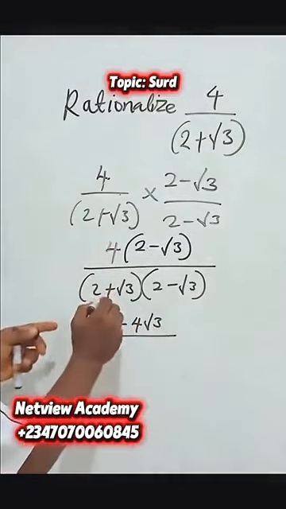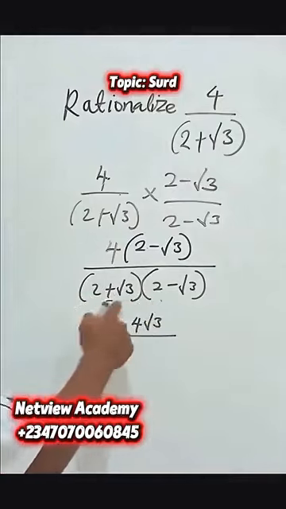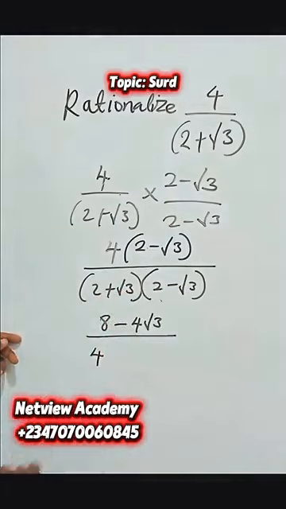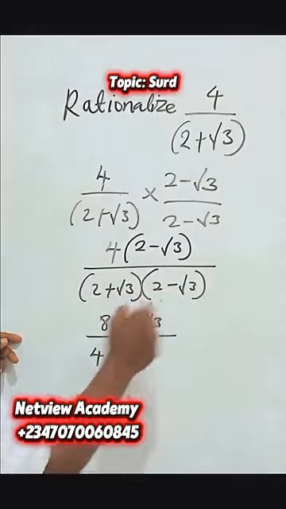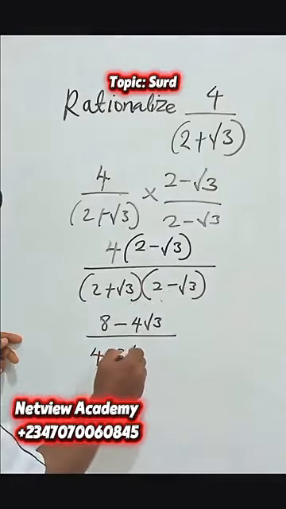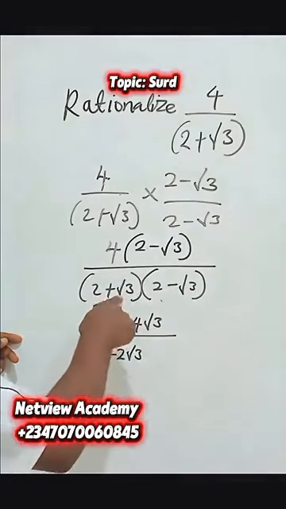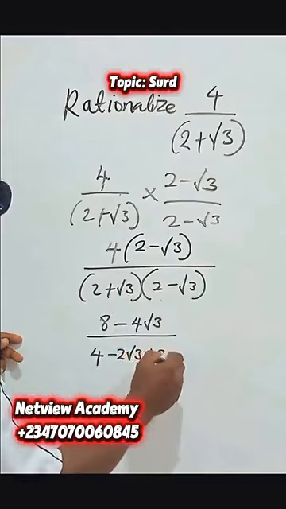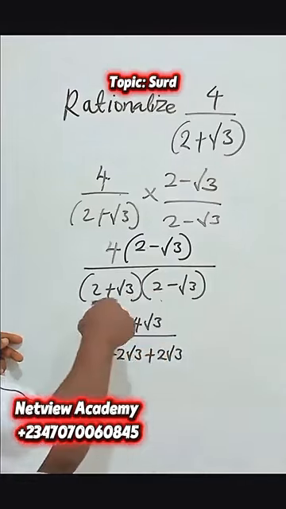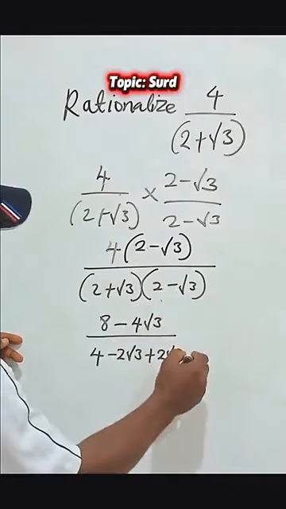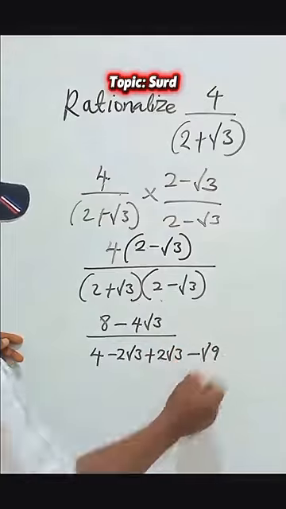If we multiply this bracket with this bracket, this becomes 2 multiplied by 2 is 4. 2 multiplied by minus the square root of 3 is minus 2 root 3. Root 3 multiplied by 2 is plus 2 root 3, plus root 3 multiplied by minus root 3 is minus root 9.